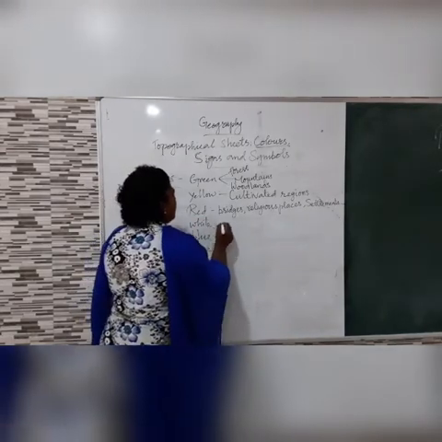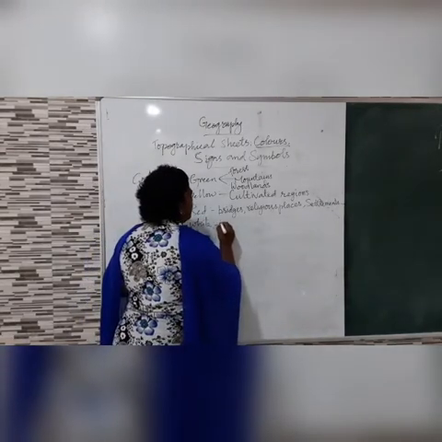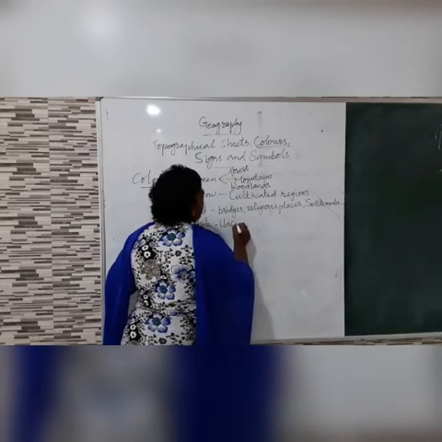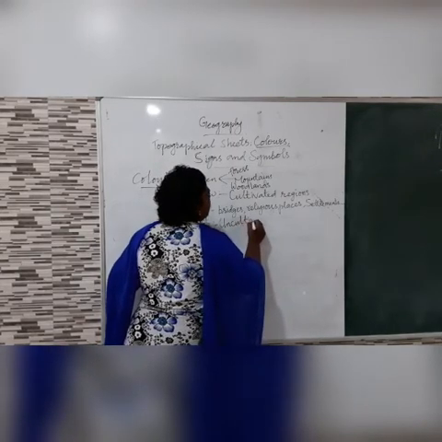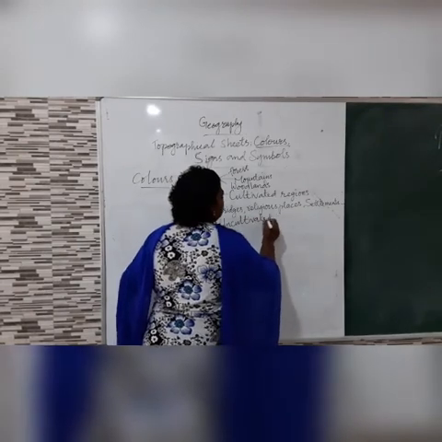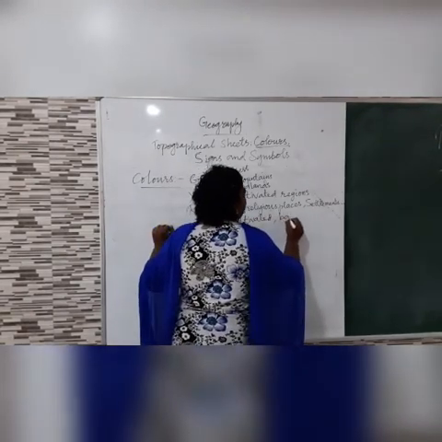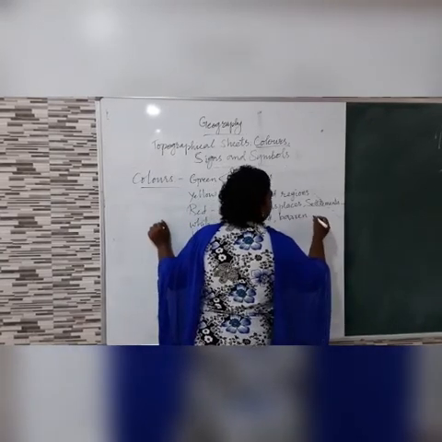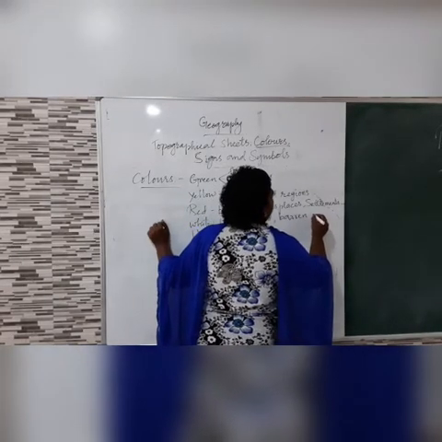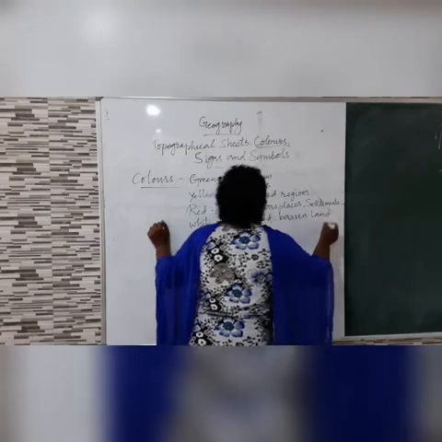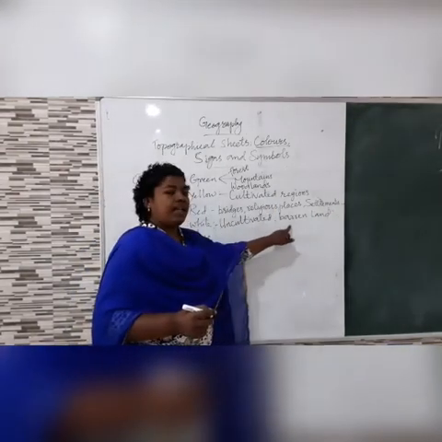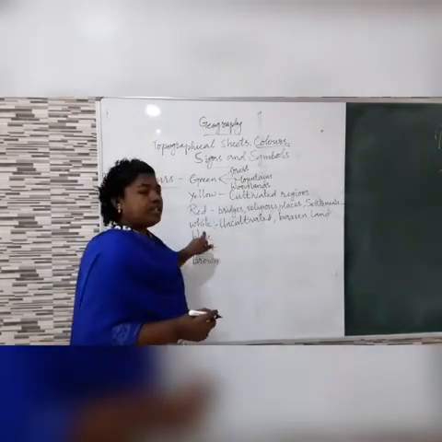And the white color denotes the uncultivated region, the barren land where there is no cultivation. The soil is dry, barren land. Which color denotes the uncultivated and barren lands? It is white color.